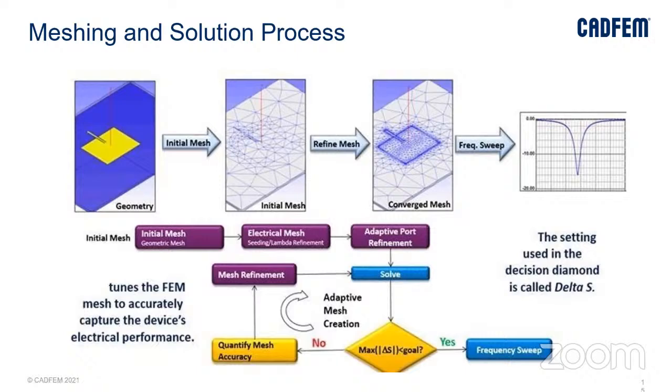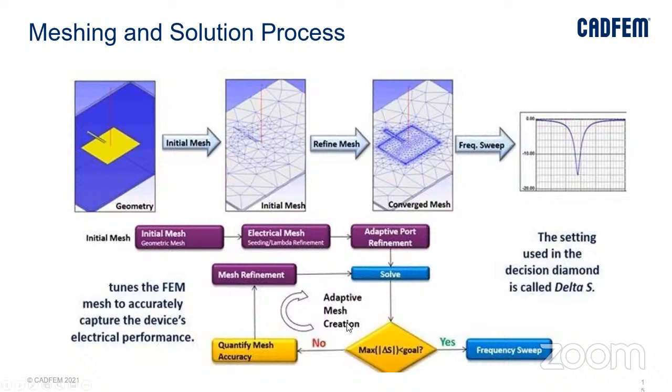the tool solves for electric fields. When the electric field is solved, it checks whether the convergence is met. If it doesn't match, it remeshes to a finer mesh and again solves the entire geometry based on that mesh.